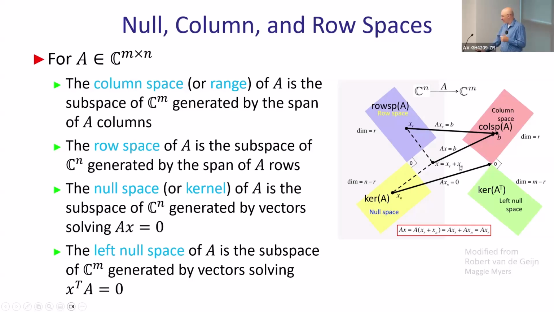But A times xn, which you have here, by definition is 0, right? So if you're adding A times xn plus A times xr, you get A times xr, because A times xn is 0. By definition, this is the null space, right? So it has to go to 0.